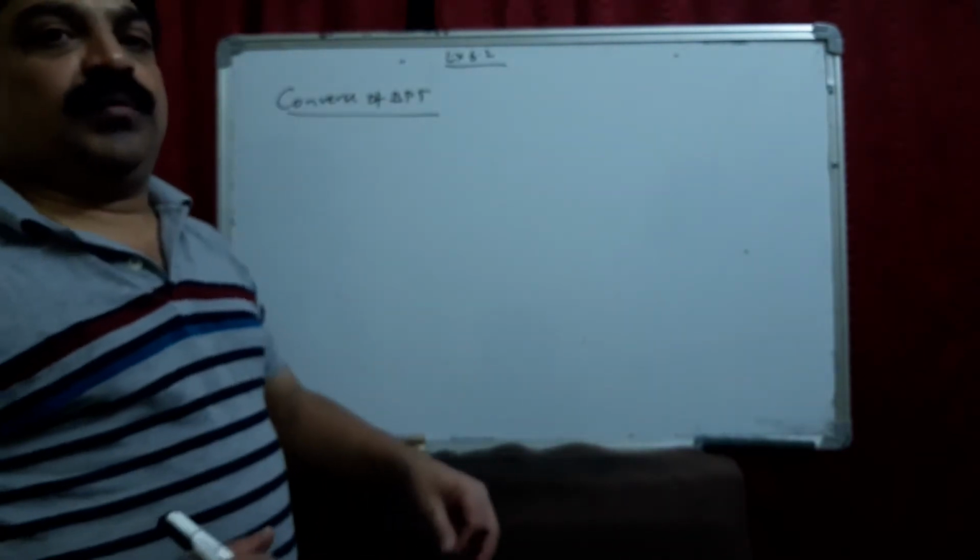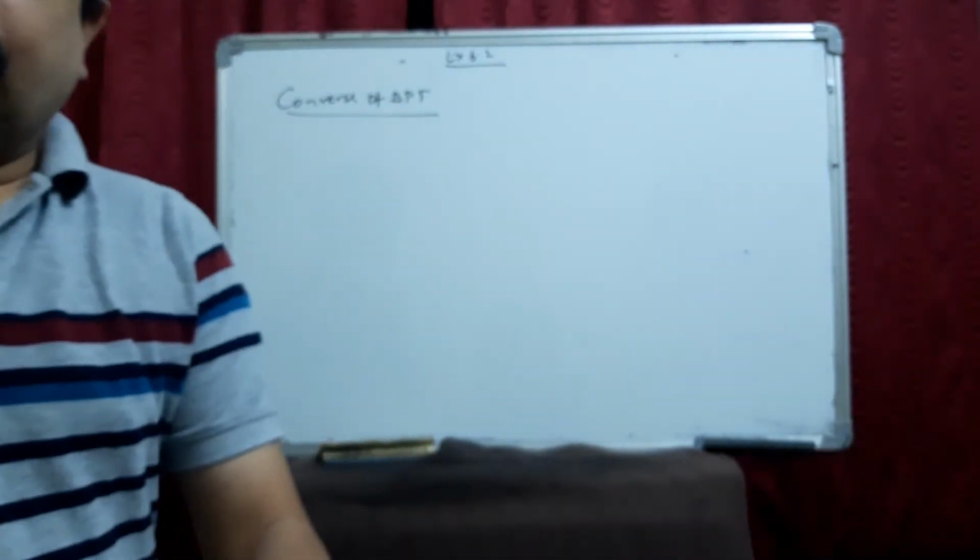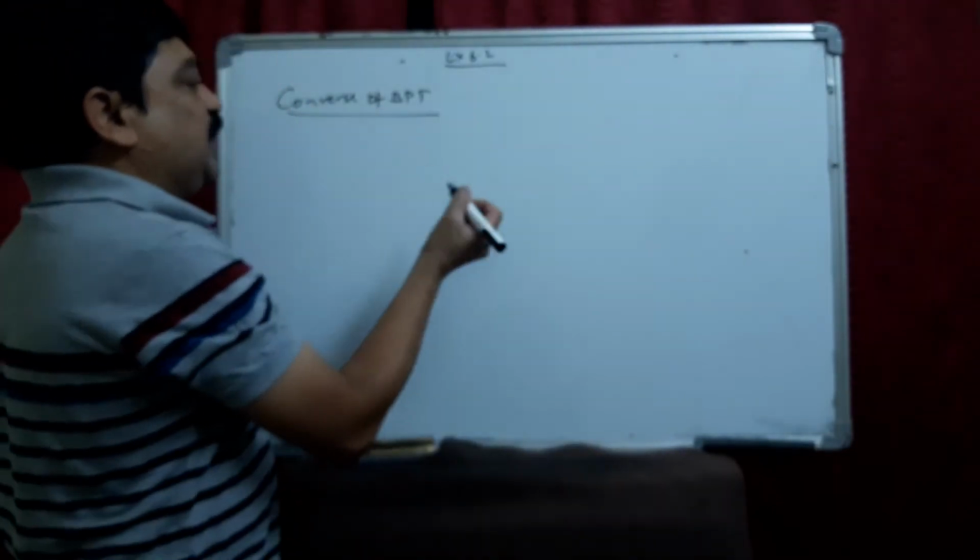Before going to the next problems, I just want to remind you about the converse of BPT. I'm not teaching the proof, but the concept. The converse of BPT says, see, what is BPT actually?